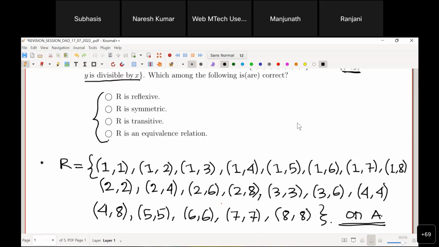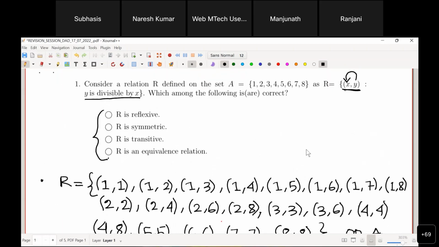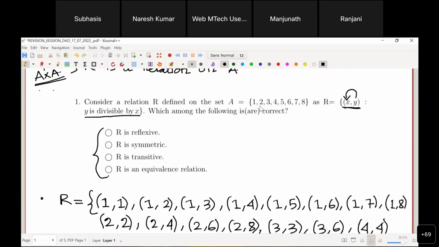So now I have to pick all the elements of A one by one and check whether a comma a is in R or not. If I pick the first element 1, 1 comma 1 is in R.